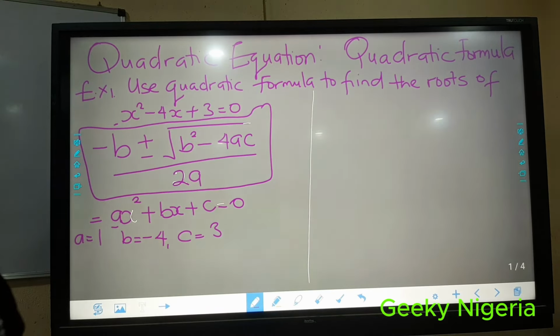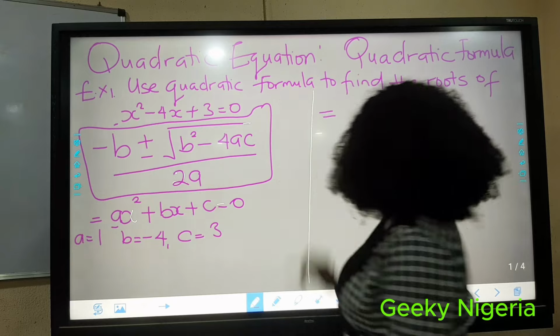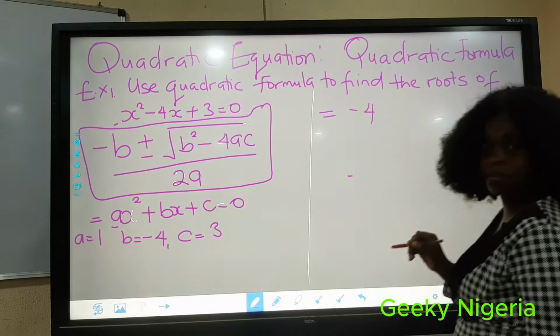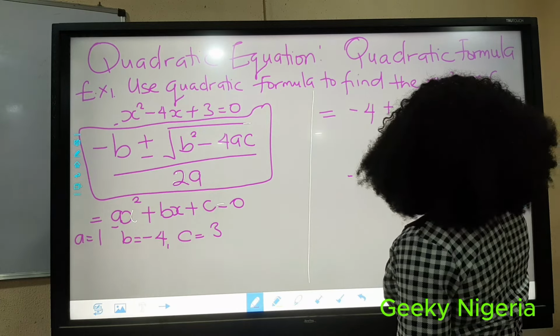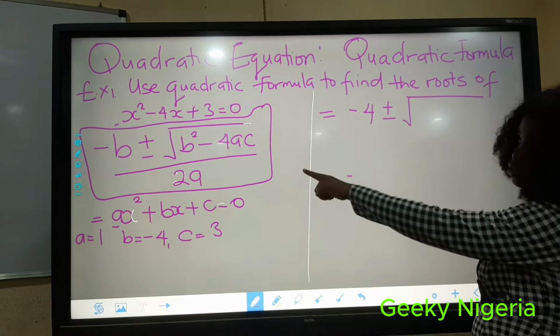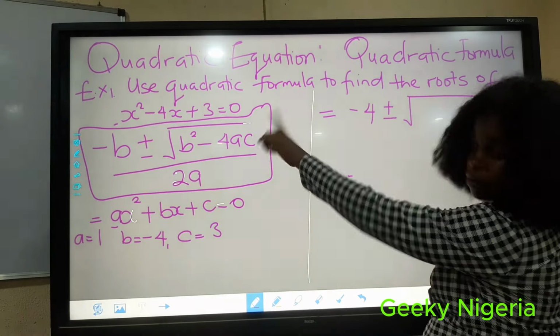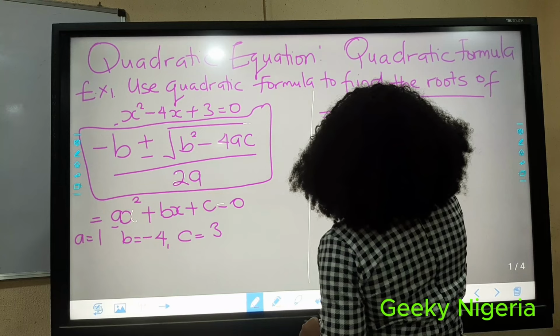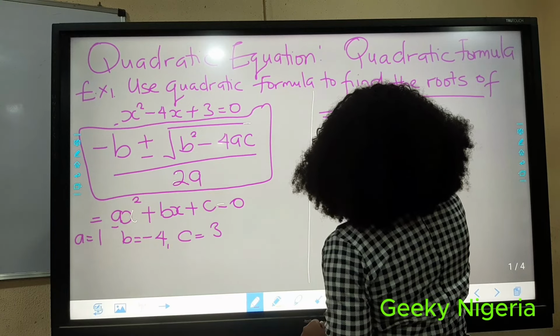So now let's go. We have our minus b, which is minus minus 4, right? Plus or minus the square root. The square root covers everything. b squared is minus 4 squared, since our b is minus 4.